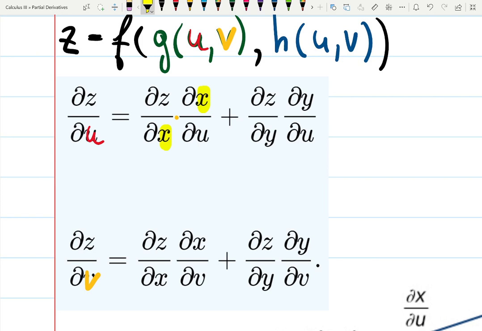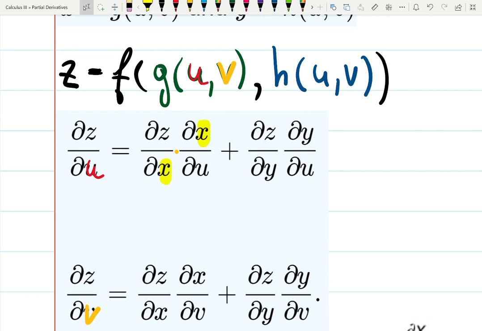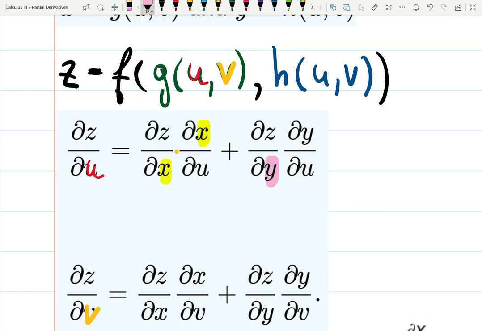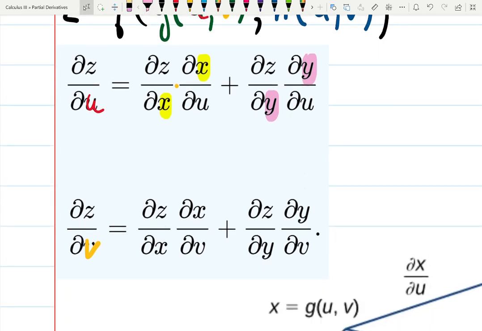Now x is a function. Differentiate x with respect to u, but it's partial because x has two variables, u and v. Plus, go back to z, differentiate z with respect to, let's choose pink color, y, which unlocks another Russian doll. Y is a partial derivative with respect to u because it has two variables. And that's how you dig into u, the final destination, the last destination of the Russian doll set.